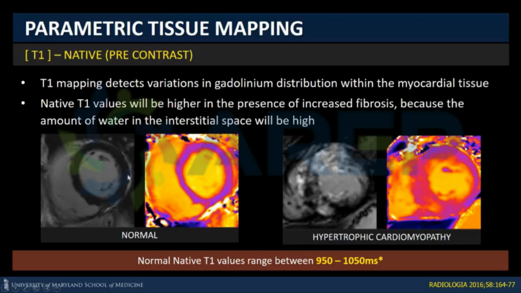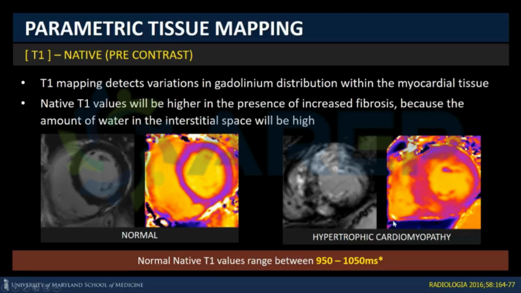This is a normal case, and we can see when we look at the late enhancement, we see that there's homogeneous signal, no evidence of significant late enhancement. On the right in color, this is the native T1 signal. And this is pre-contrast, but also looks very homogeneous. So again, we see that the native T1 mapping, pre-contrast, matches up very well with the late gadolinium enhancement.